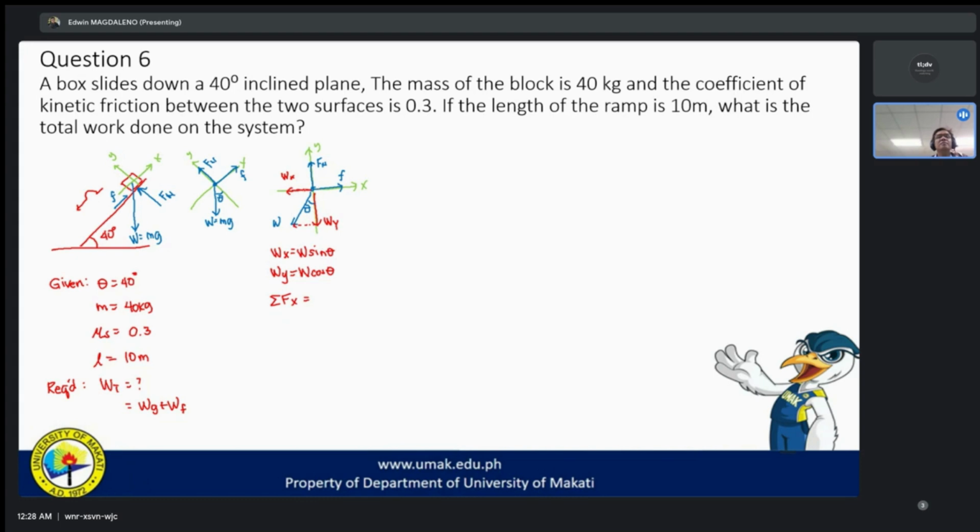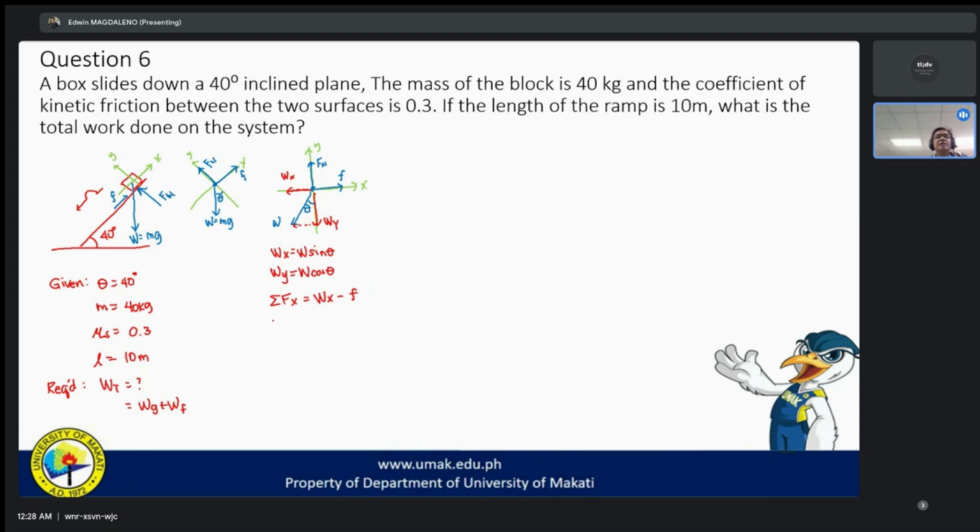Wx is positive since Wx is downward and the motion is downward. So Wx, or the weight along the x-axis, should be positive and friction is negative. But of course, you already know that friction is always negative since it's always against motion.